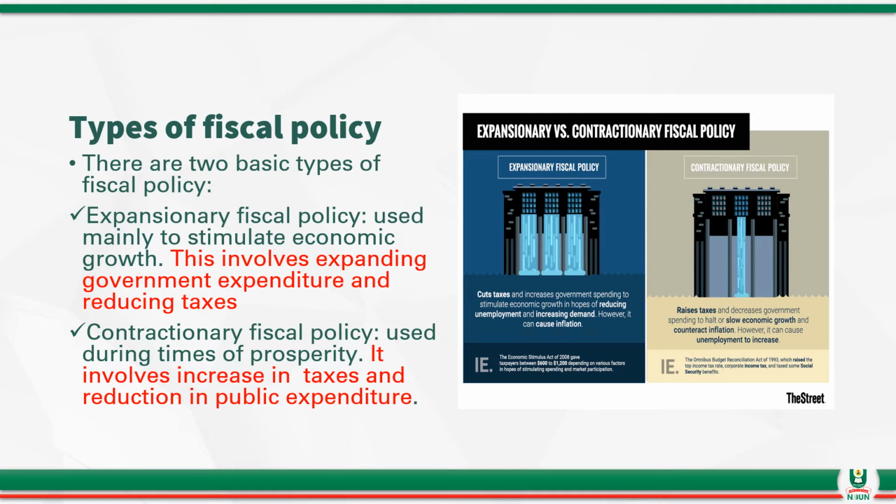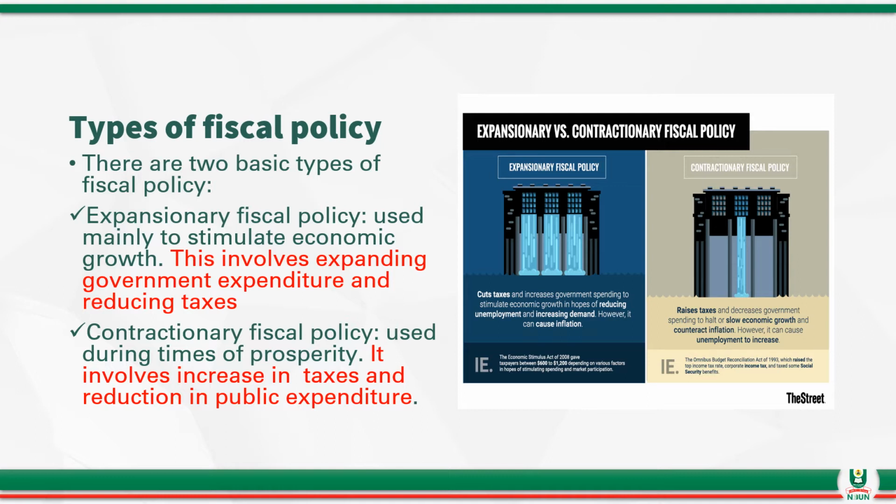The other one is the contractionary fiscal policy, which we call the tight fiscal policy. This is mainly used during a time of economic prosperity. It is actually used to try to streamline excessive expansion of economic activities. It involves increase in tax and reduction in public expenditure.